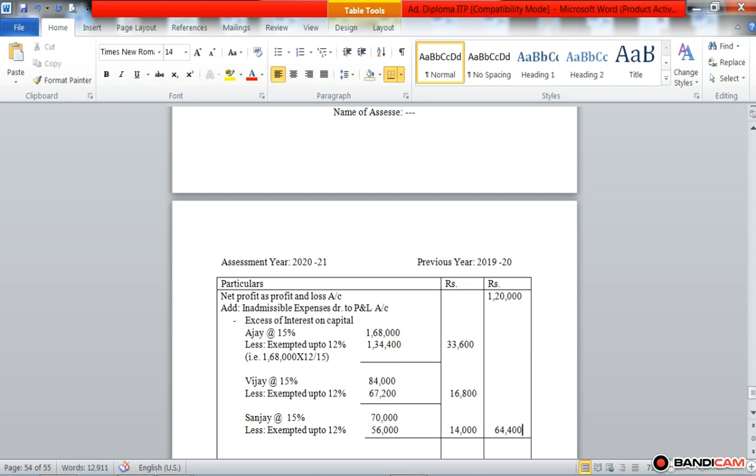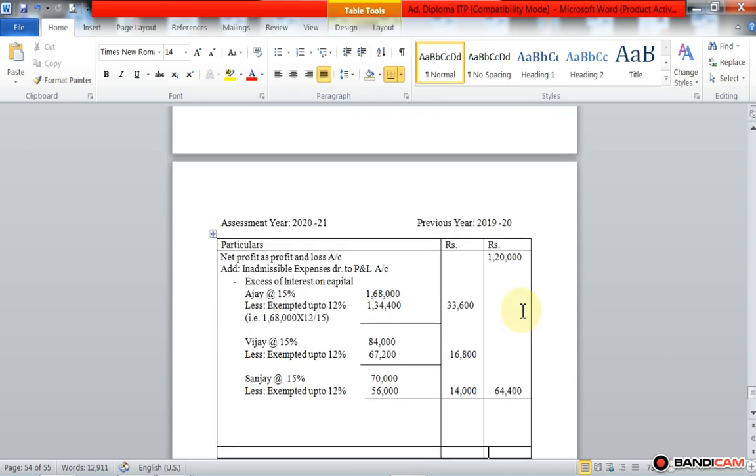Add this 64,400 to the net profit of the firm, that is 1,20,000 plus 64,400. Then the total is 1,84,400.